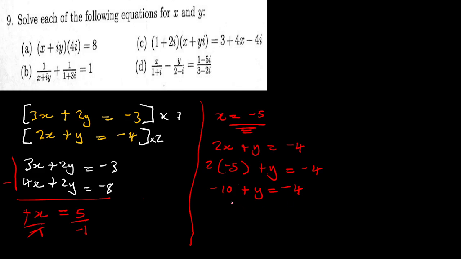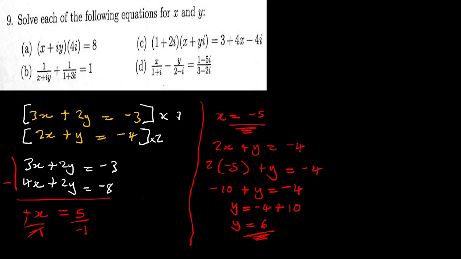This will go to the other side, so y will be equal to negative 4 plus 10, right? So y is simply equal to 6. So these are the values of y and x. Okay, so with this information, guys, I can now go to D.